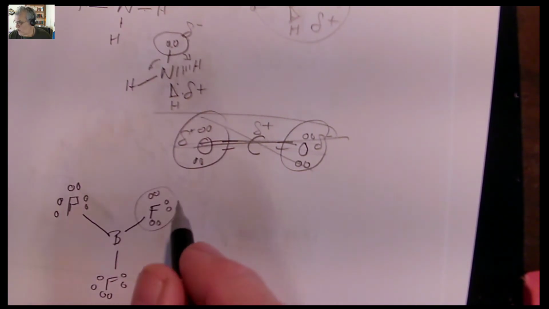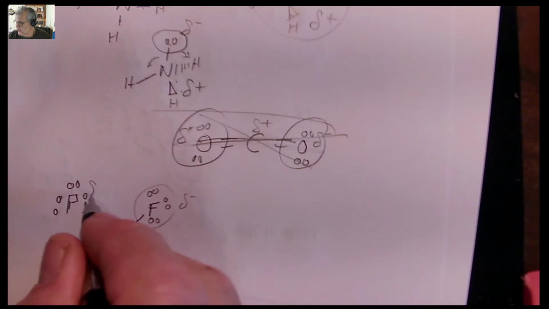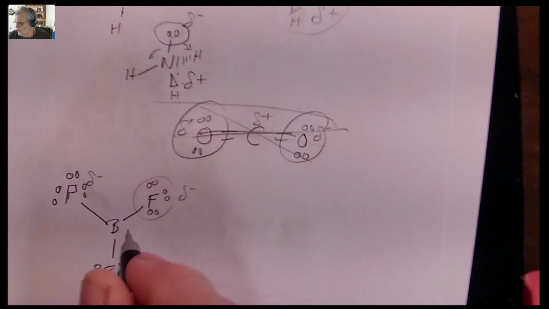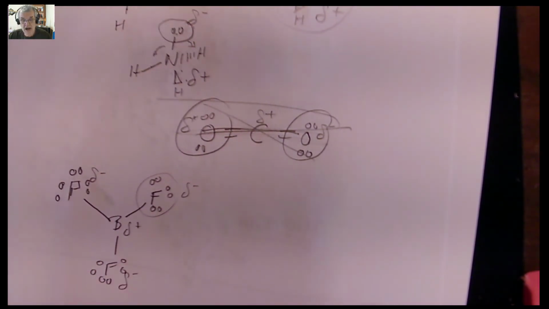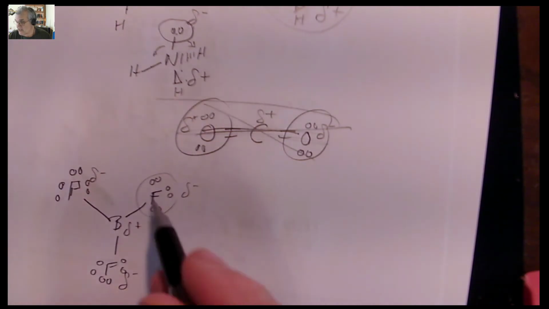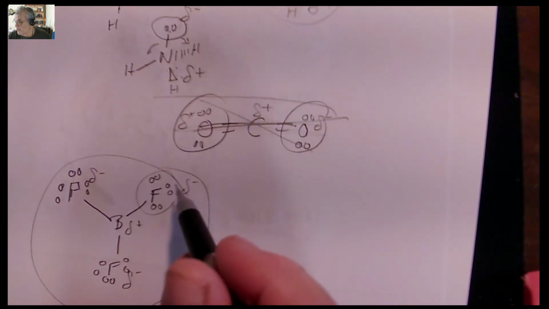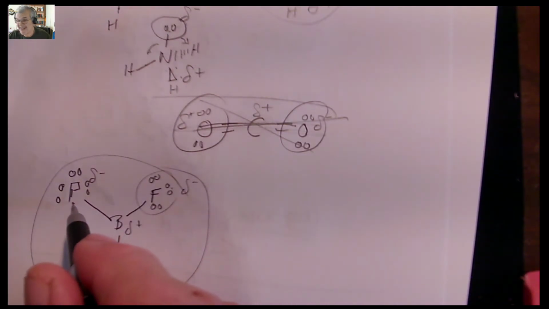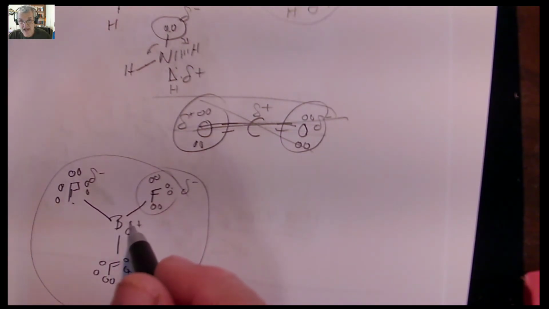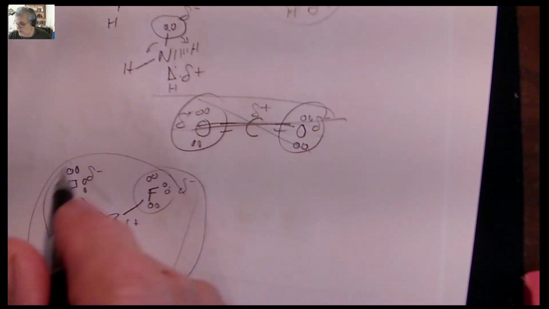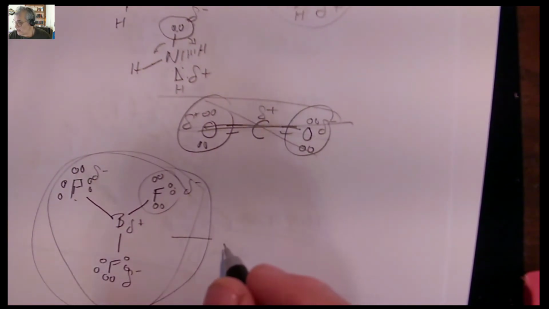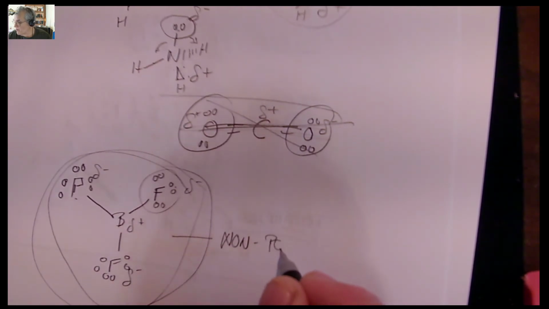And therefore these would all have slightly negative charges to them, and this would have a slight positive charge to it. But because it's symmetrical, there's not one side that has a negative charge and one side that has a positive charge. The positive charge is in the center and it's surrounded by the negative charges. This is considered to be a non-polar molecule.